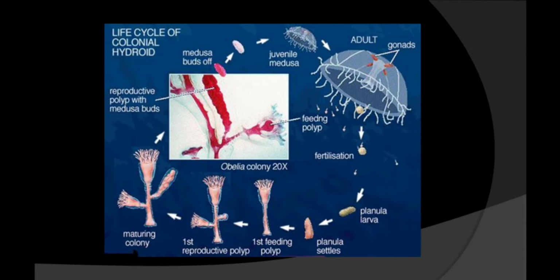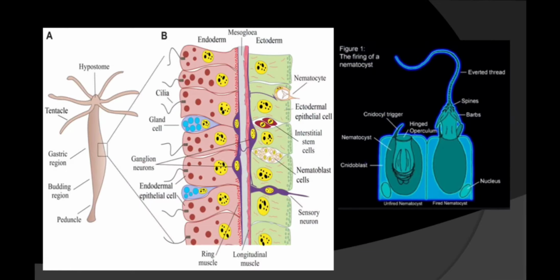So let's see here. These are the interstitial cells, and in the outermost layer you will see the nematocyte cell, which is also a characteristic feature of the phylum Coelenterata.